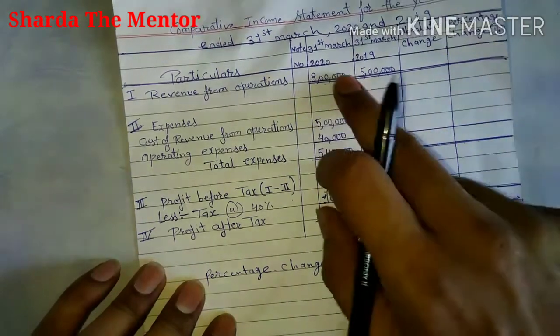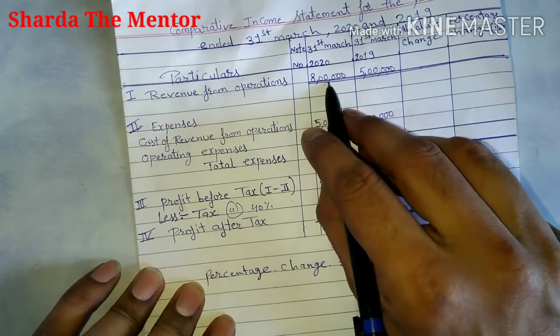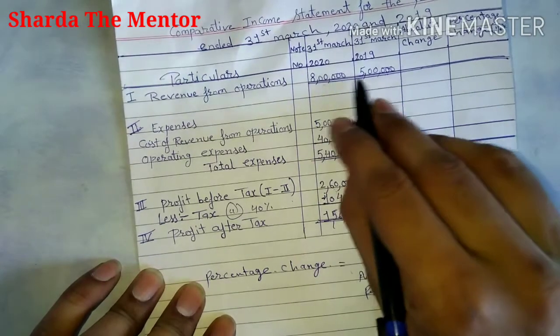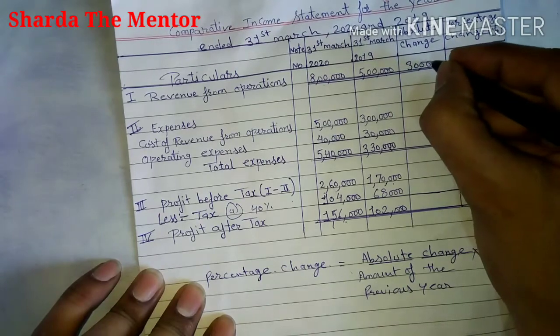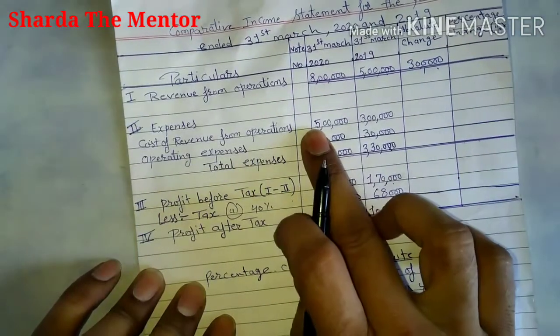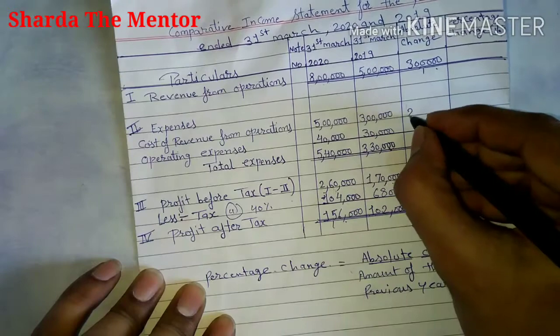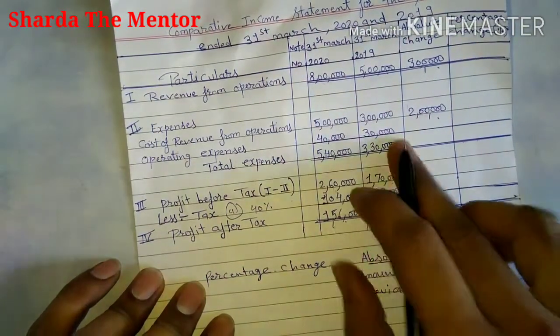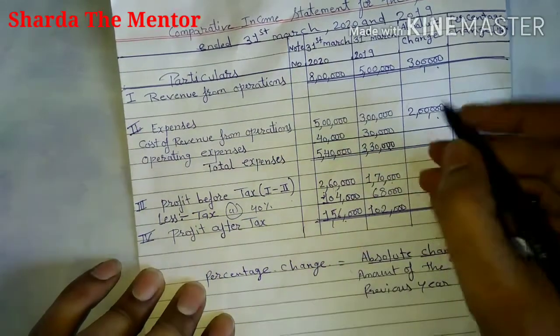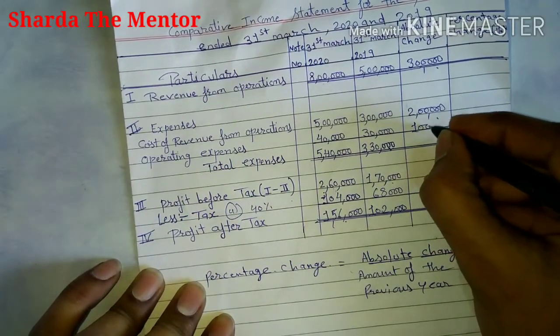So for that you take the amounts, that is 8 lakh and 5 lakh. 8 minus 5 lakh, the absolute change is 3 lakh. After that 5 lakh and 3 lakh, the difference is 2 lakh. After that 40,000 and 30,000, the difference is 10,000.